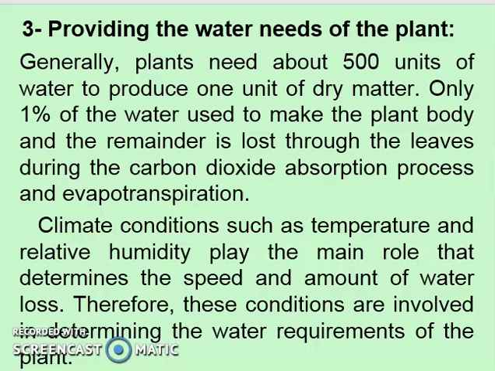Imagine, only 1% enters the plant body, and 99% is lost by evapotranspiration. Of course, climatic conditions such as temperature, relative humidity, and wind speed play a main role in speeding the amount of water loss.